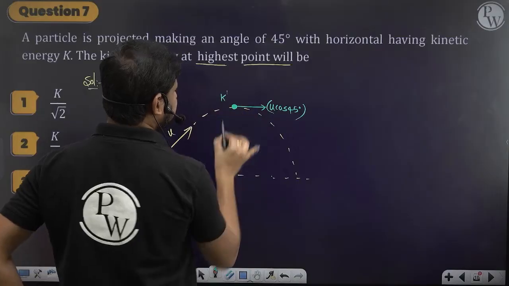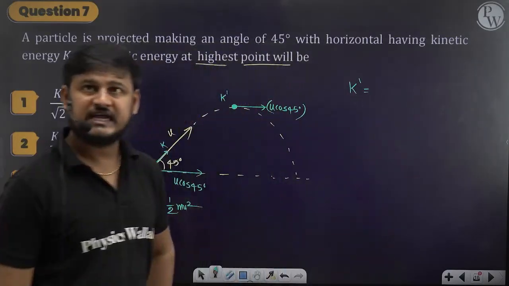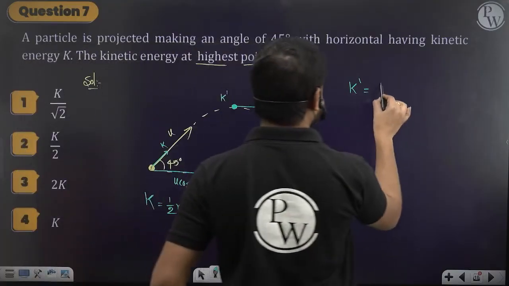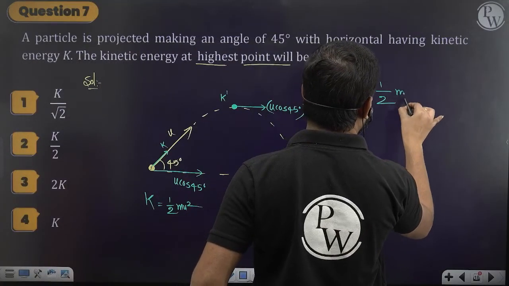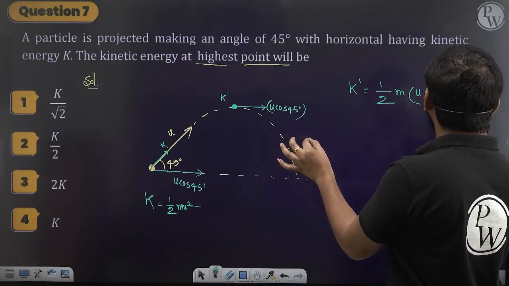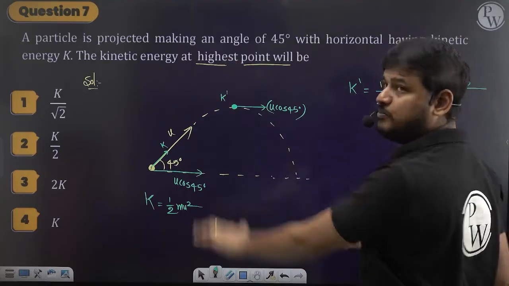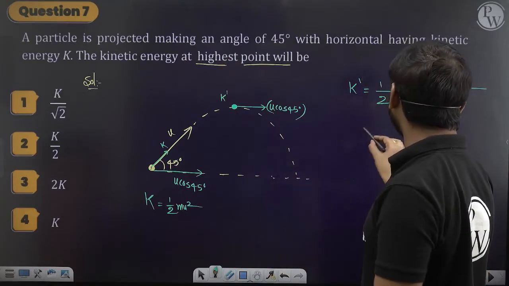Let the kinetic energy be k dash here. So the kinetic energy at the highest point, k dash, is half into its mass, which is the same, but its velocity is only u cos 45, whole square, because the vertical component of velocity becomes 0 at the highest point of the projectile path.